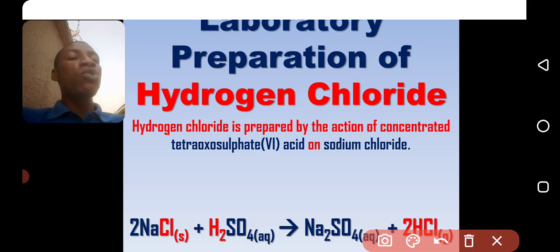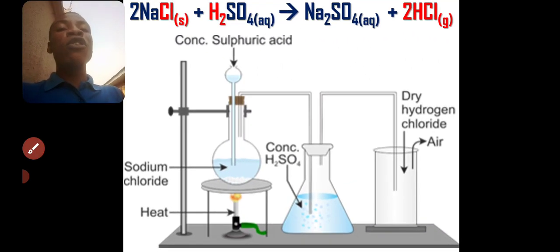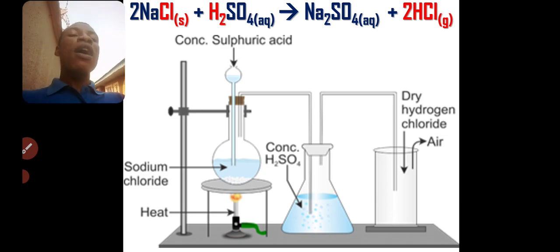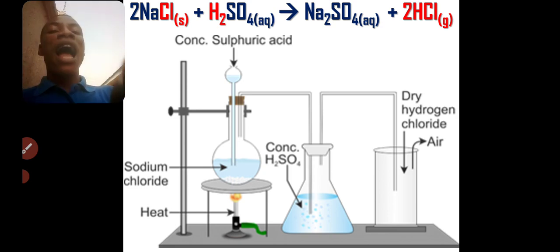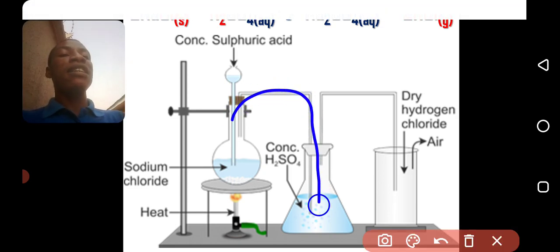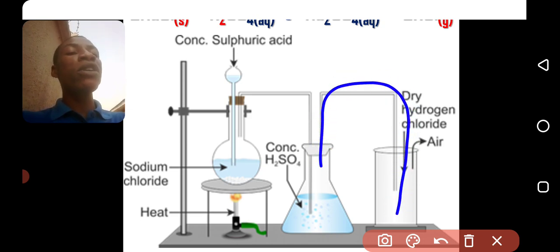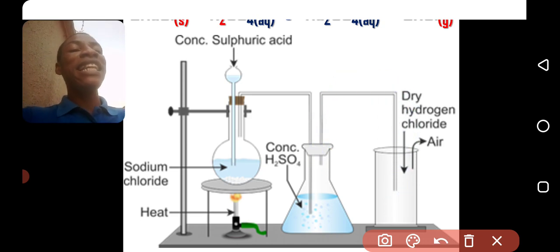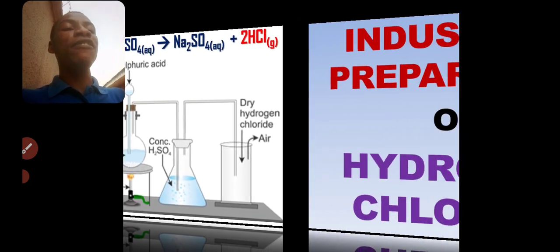So it's always good to heat the mixture to get a higher volume of HCl. As you heat it with sodium chloride, HCl gas will be formed, and the HCl gas will be dried inside conc H2SO4, and then it will be collected by downward delivery, because it is denser than air.